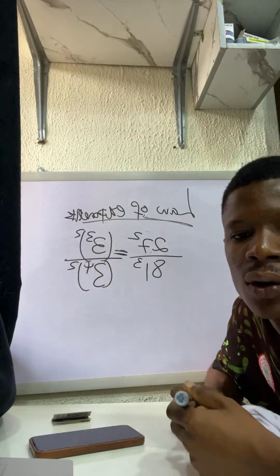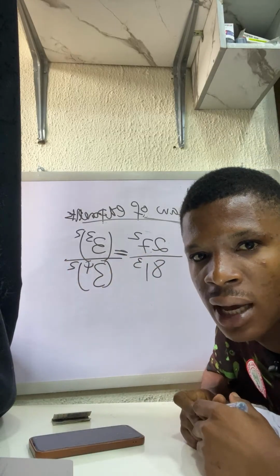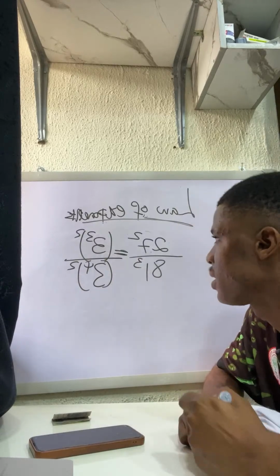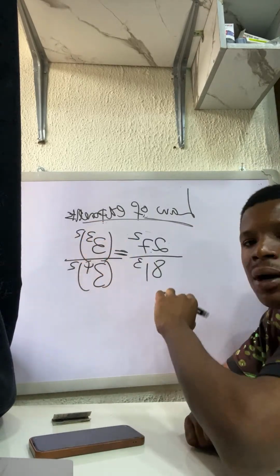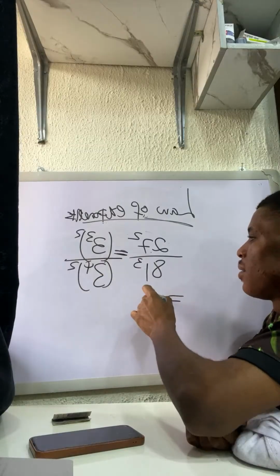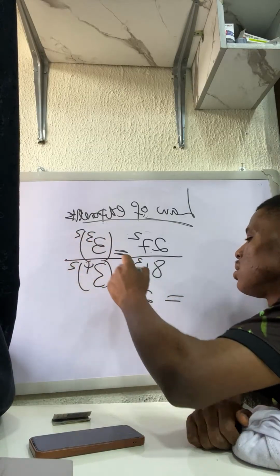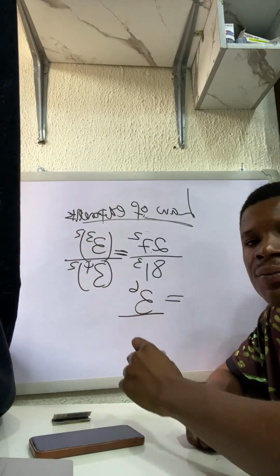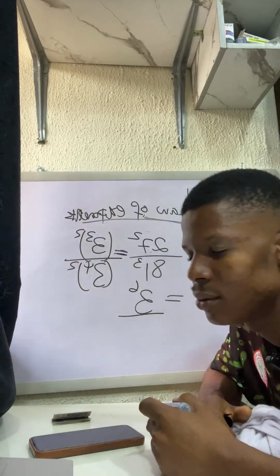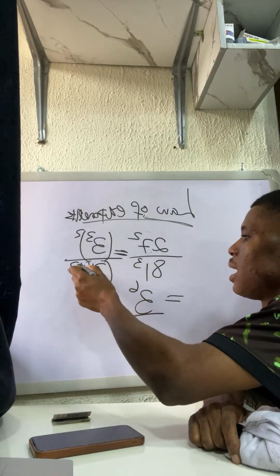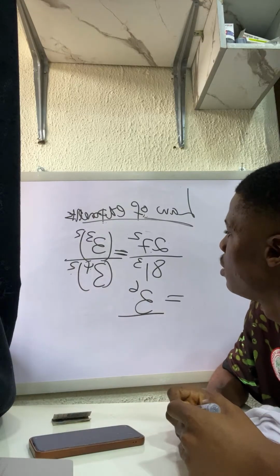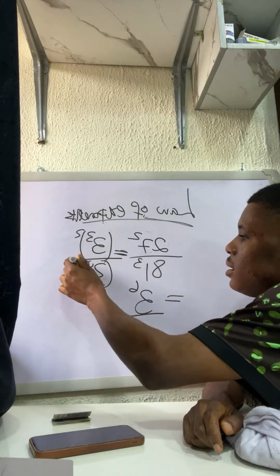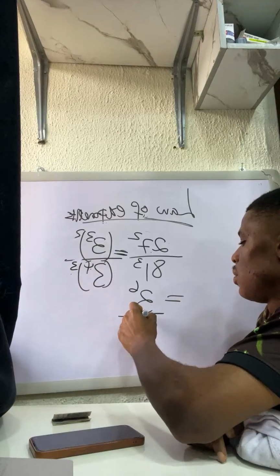We have to look at the laws of exponent again. We just have to multiply the powers. So 3 power 3 times 2 is 6. For the second one, 4 times 2 is 8. Sorry, I made a mistake, this is 4 times 2, which is 8.